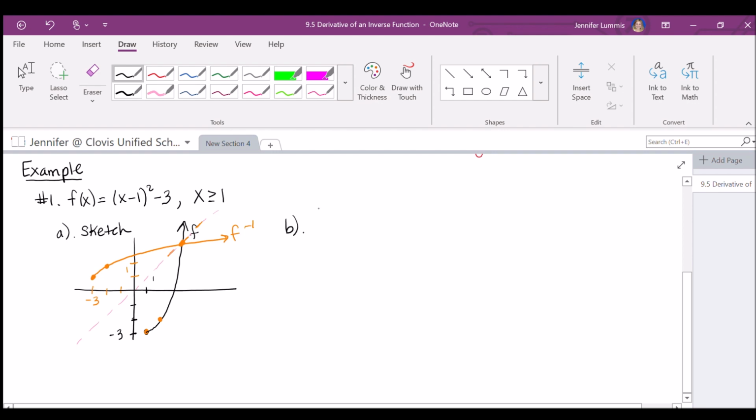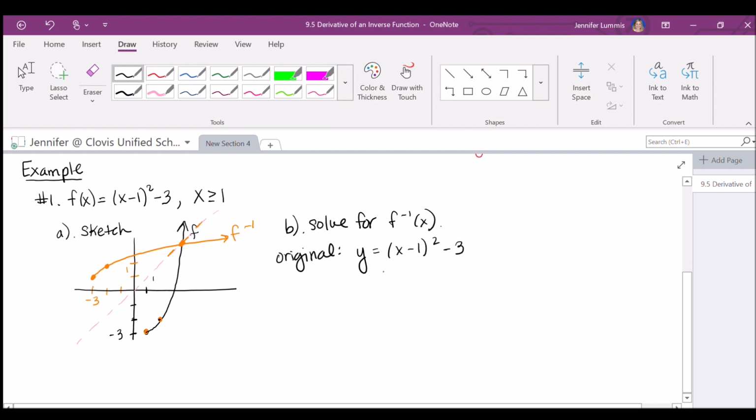In part B, we are going to solve for the inverse of f. Just like we did with the coordinate pairs, we're going to switch x and y in our equation. We're going to start with the original, which is y equals (x minus 1) squared minus 3.